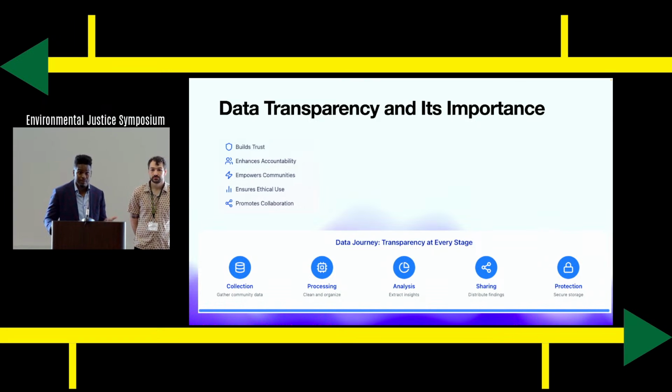And you build trust by being transparent about how data is collected, being transparent about how data is handled, who's responsible for it.